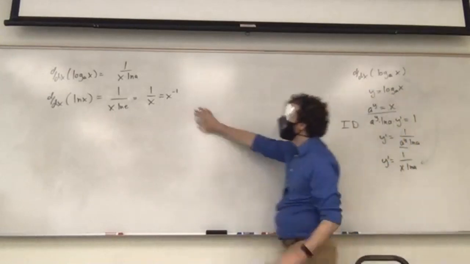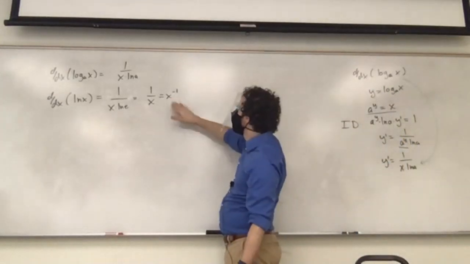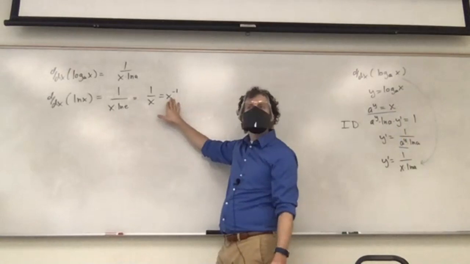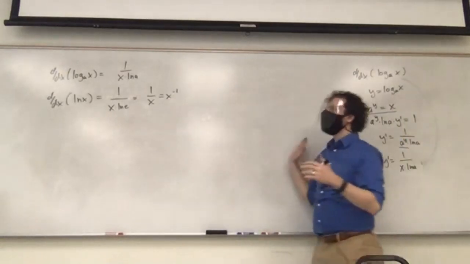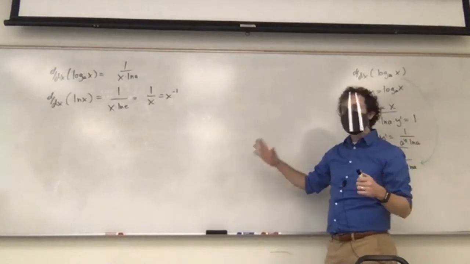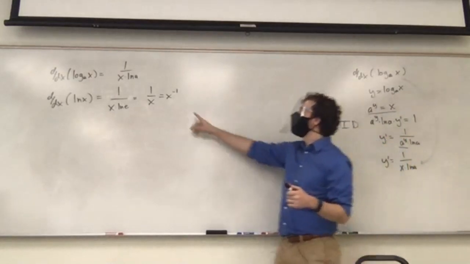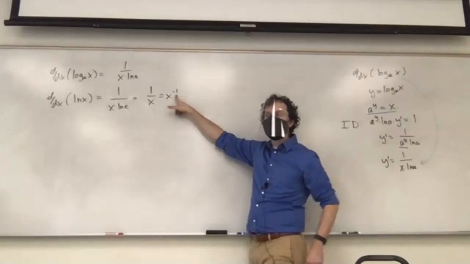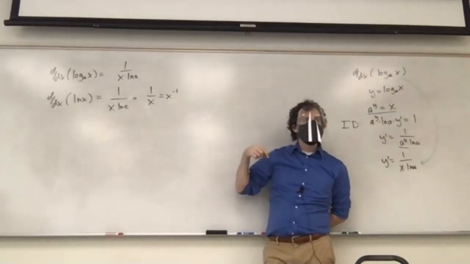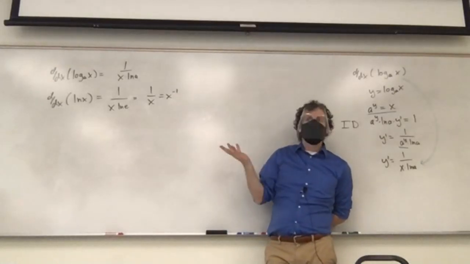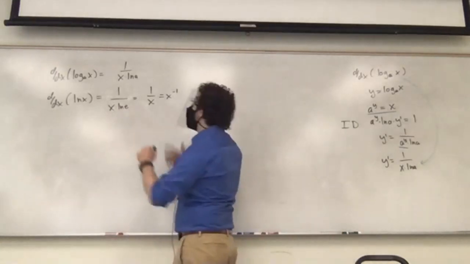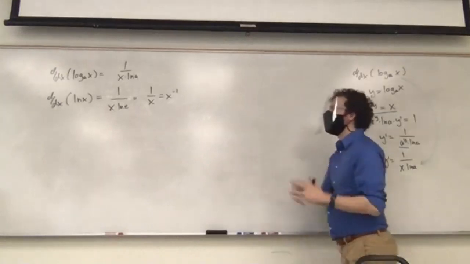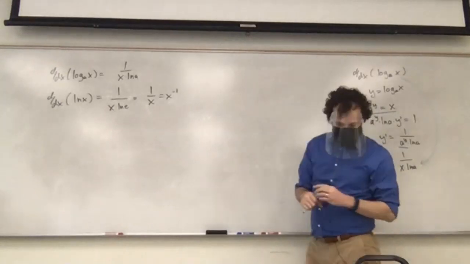Especially in this form, x to the minus 1, it's a power of x, but it can't ever come out of the power rule, because the power rule subtracts 1 from the exponent. And if you were going to subtract 1 and end up with x to the minus 1, you must have started with 0. And that means you have a constant, and that derivative is 0. So this isn't something that can come out of the power rule. This is where 1 over x appears.